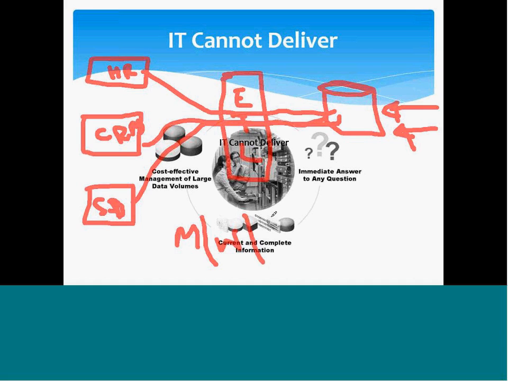If I'm loading daily, I still have 24 hours of missing information. So whatever reports I run on this system are not real time, they are near real time, because these are operational systems. During the daytime we are using these systems, so we load during off-peak hours.